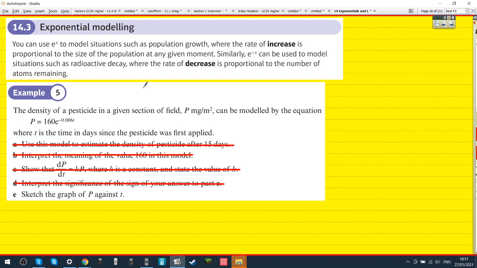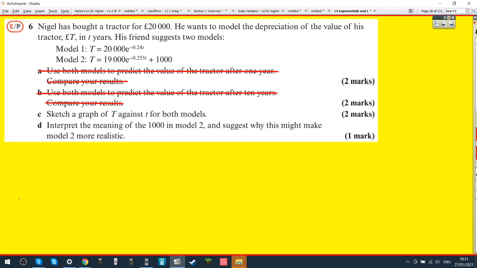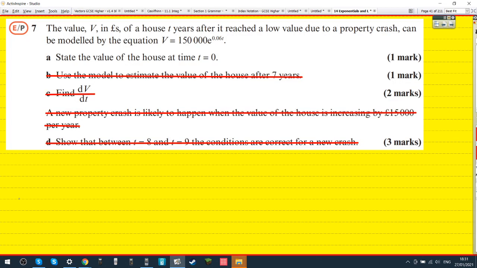What question are we answering? Oh no, it's the sketch the graph question. Part A for this one.